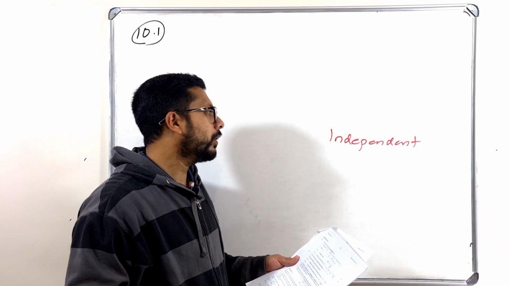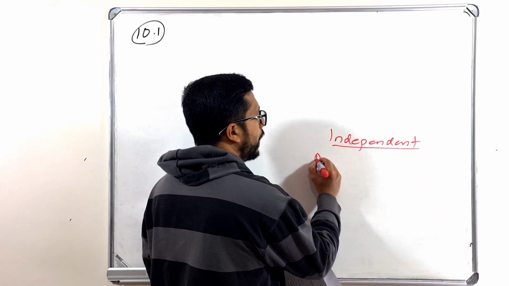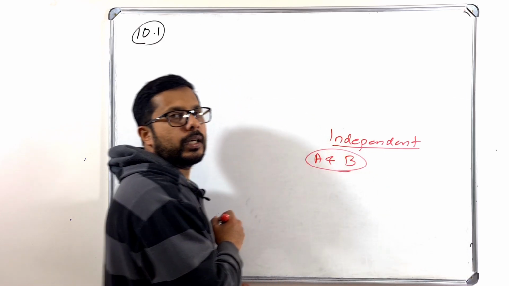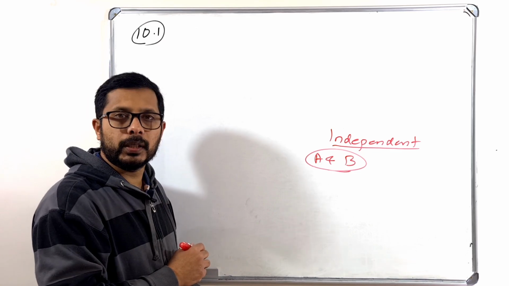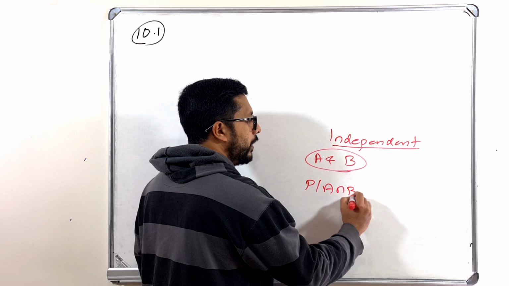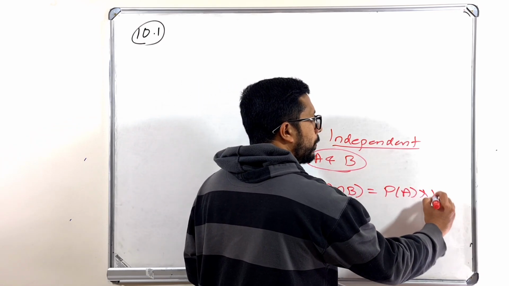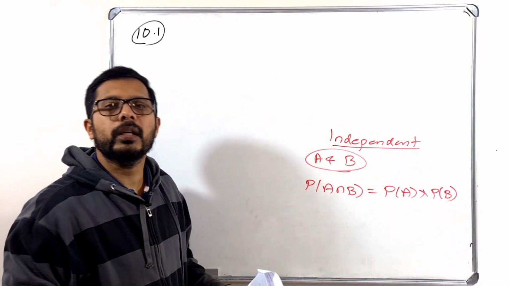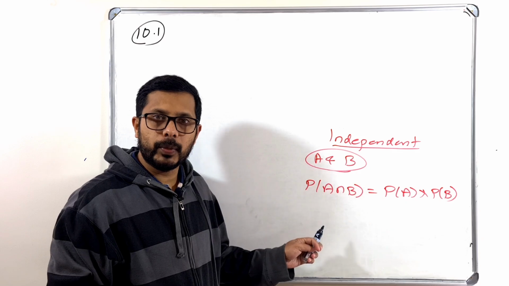In probability, for example, if A and B are two events, what is the formula if the two events A and B are independent? The probability of A intersection B is equal to the probability of A times the probability of B. If this condition is satisfied, then we can say that the events A and B are independent.